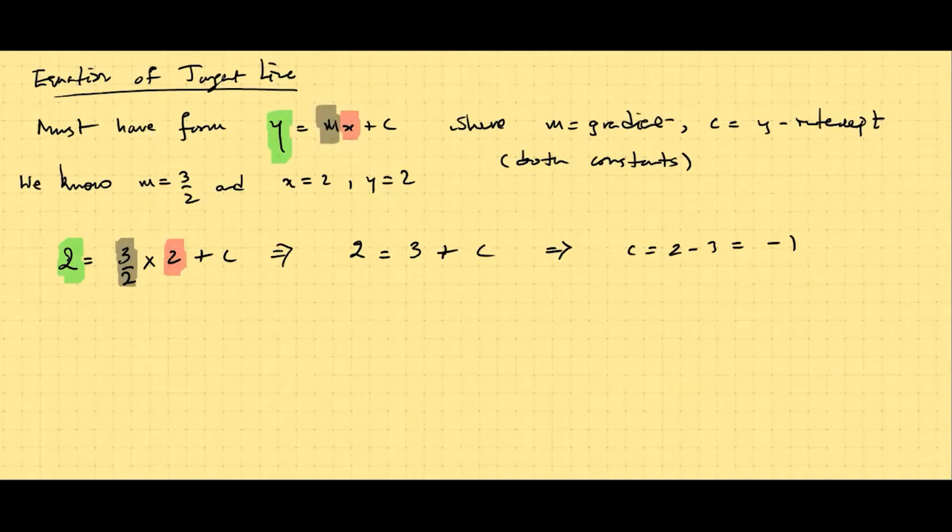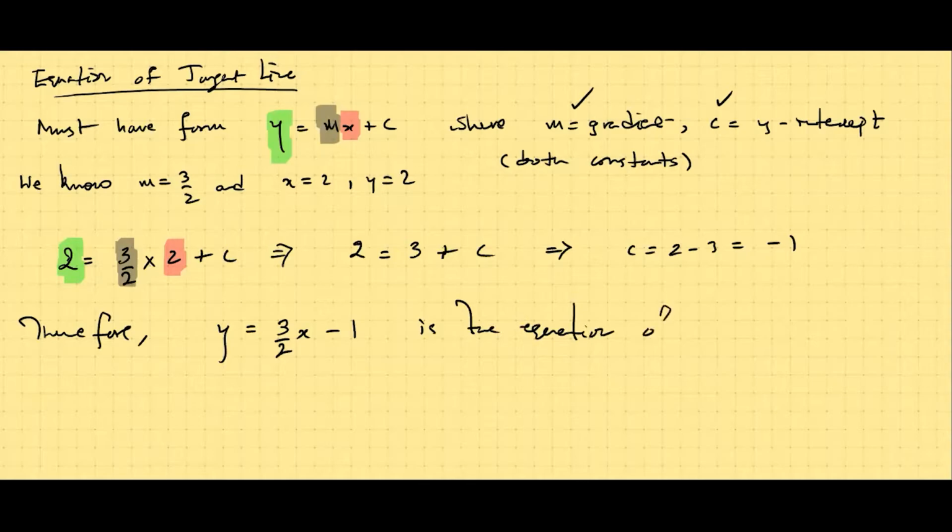So I now have a value for my gradient and my y-intercept. So I can write down the equation. Therefore, y equals 3 over 2x minus 1 is the equation of the tangent to our curve at the point 2, 2.